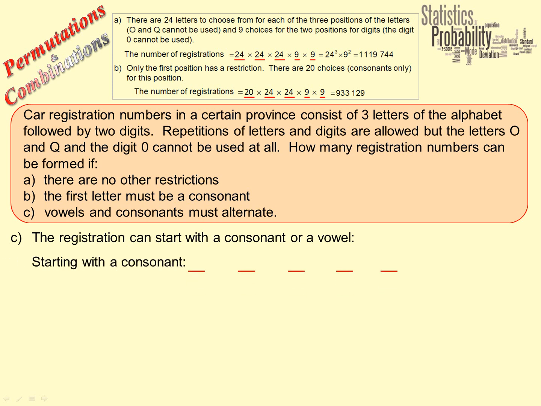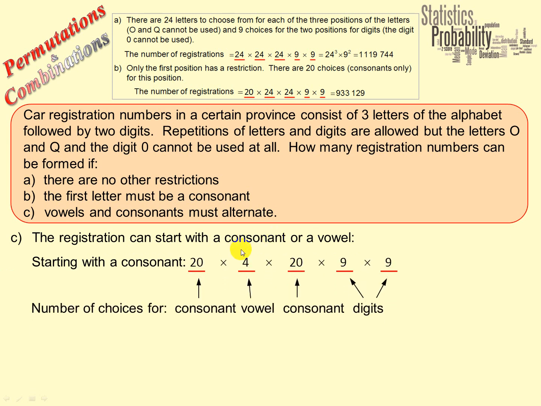So starting with the consonant, we can have 20 and then 4 vowels because we have to take the O away from the 5 vowels. 20 for the consonants, 9, 9 for the numbers. Starting with the vowel.